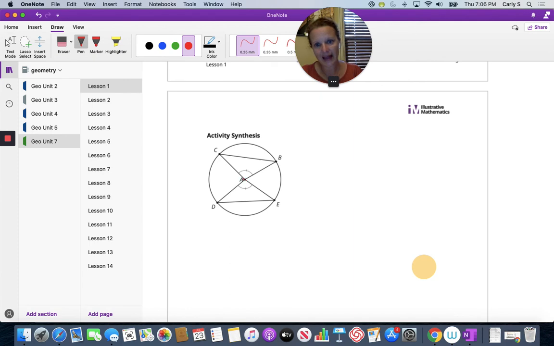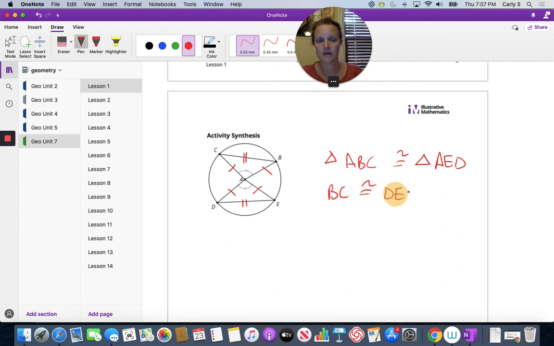All right, here is just another little example. I know that A to C is a radius, A to B is a radius, A to D is a radius, A to E is a radius. I know that those 2 angles are congruent. Therefore, triangle ABC is congruent to triangle AED. Therefore, I can say BC is congruent to DE because of CPCTC.